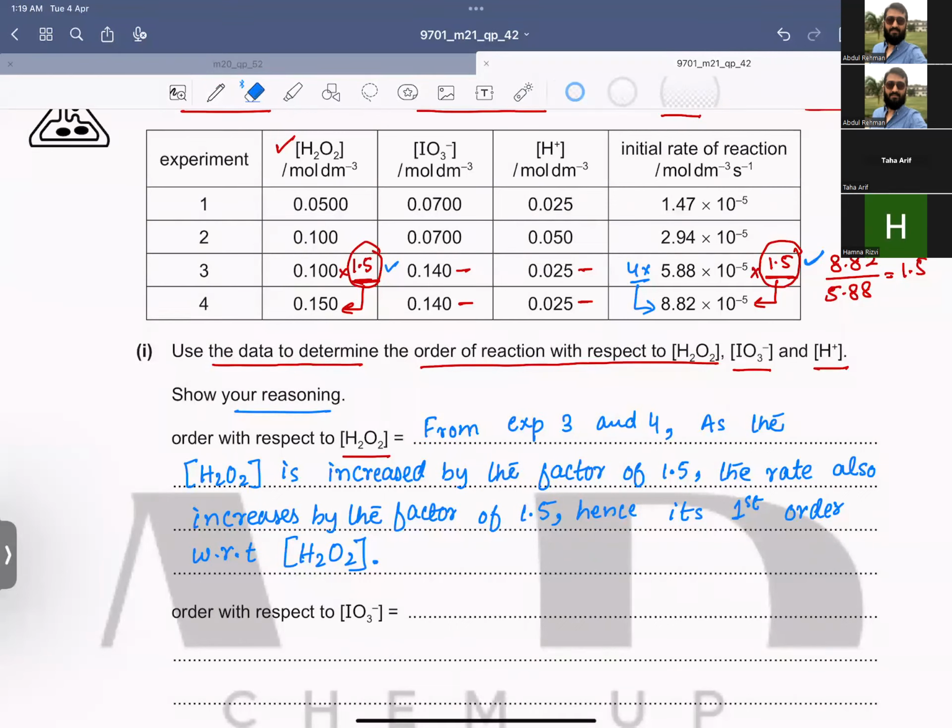Okay, now order with respect to iodate. So for iodate, which can be chosen, I can use experiment 1 and 3.